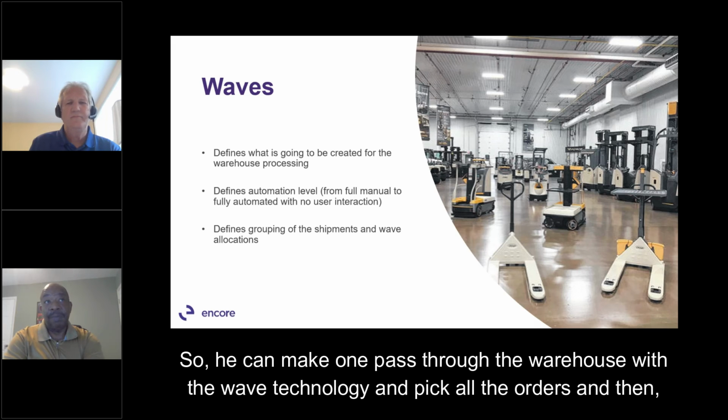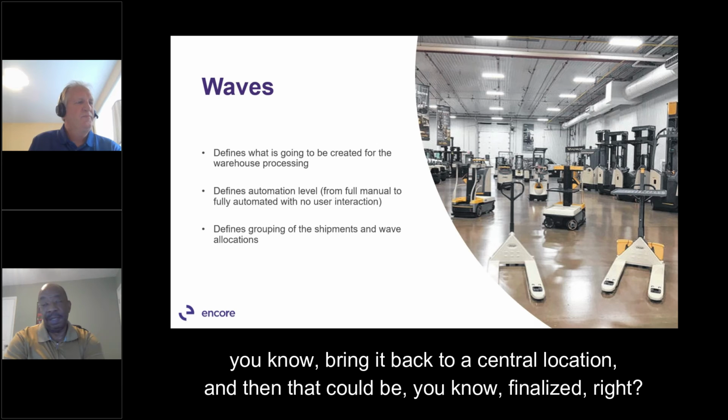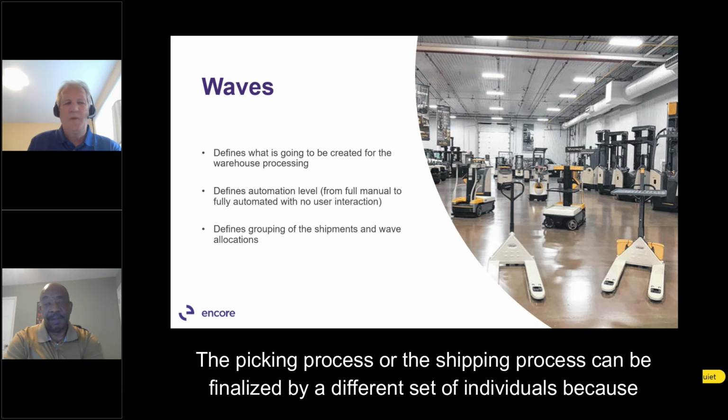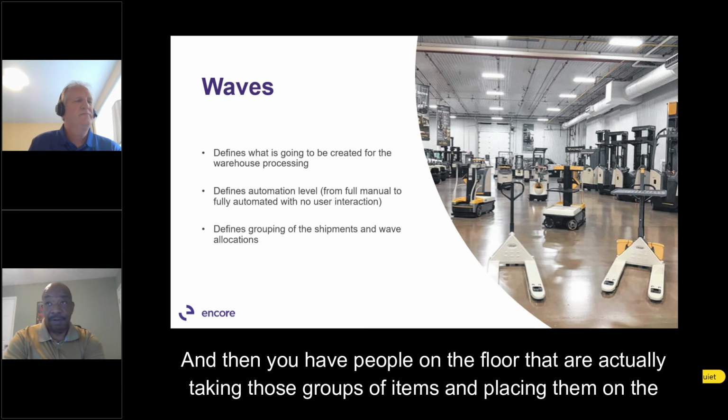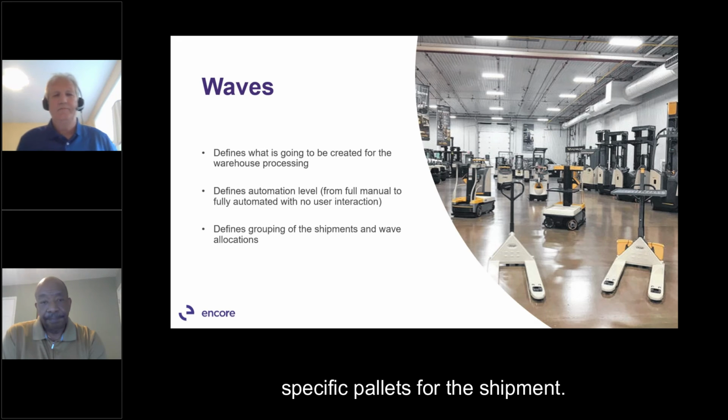He can make one pass through the warehouse with the wave technology, pick all the orders, and bring it back to a central location, where it can be finalized. The picking process or the shipping process can be finalized by a different set of individuals, because maybe the person doing that first level of the pick is a forklift operator, and then you have people on the floor taking those groups of items and placing them on the specific pallets for the shipment. Okay.